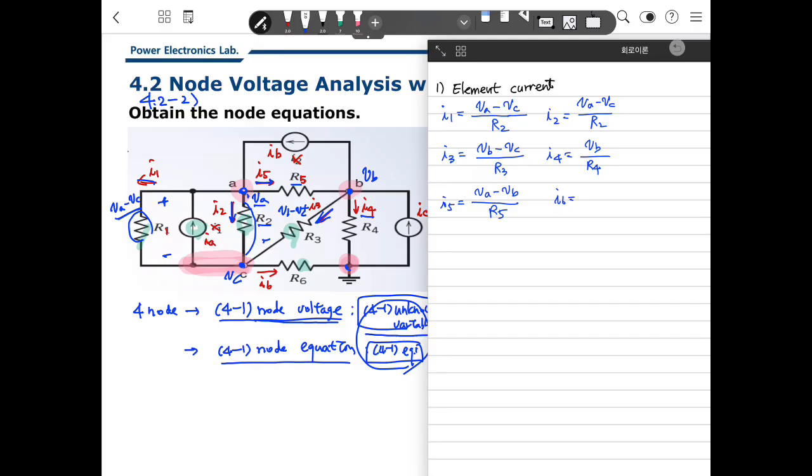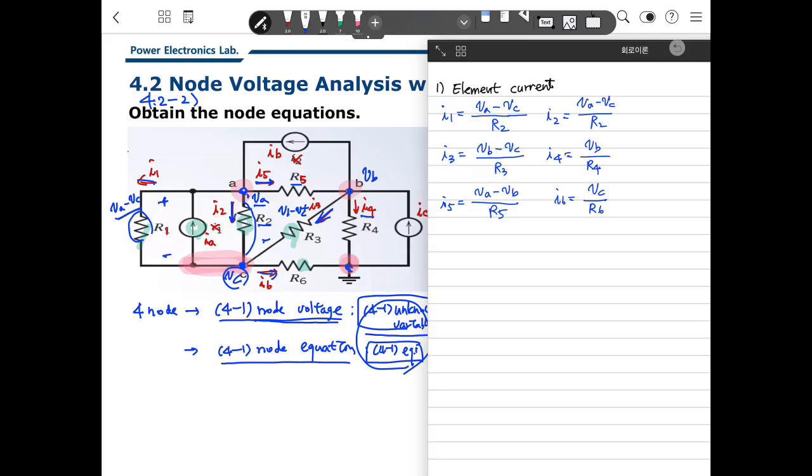And I6 is the current going this way, because this is VC and this is ground, so VC divided by R6. That is how to make the currents.